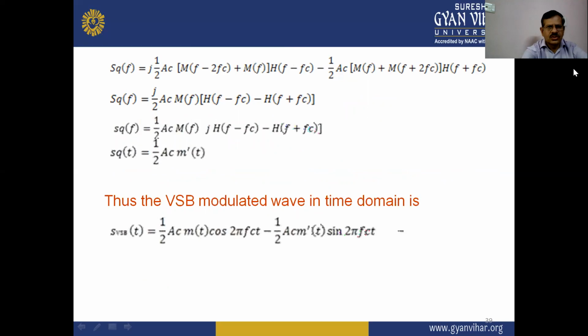And S_Q(f), after simplification, is 1 upon 2 A_c M_1(f). Thus the VSB modulated wave in time domain is s_VSB(t) equal to 1 upon 2 A_c m(t) cos 2 pi f_c t minus 1 upon 2 A_c m_1(t) sin 2 pi f_c t. So this is the VSB modulated wave in the time domain.